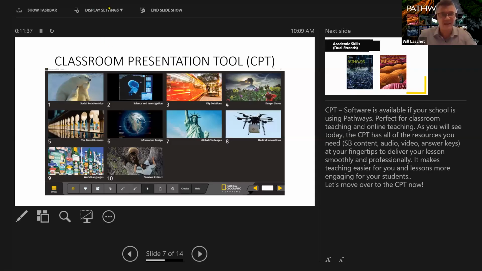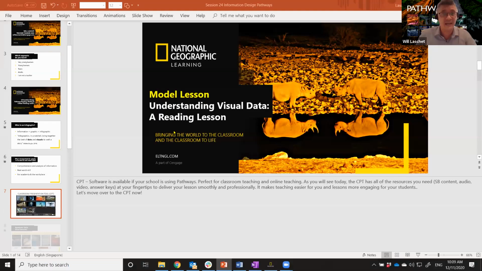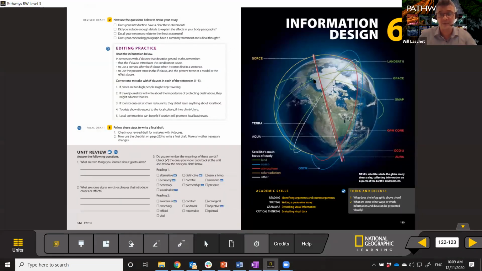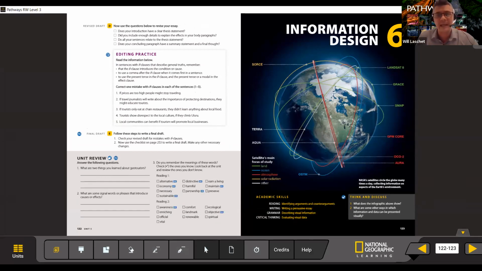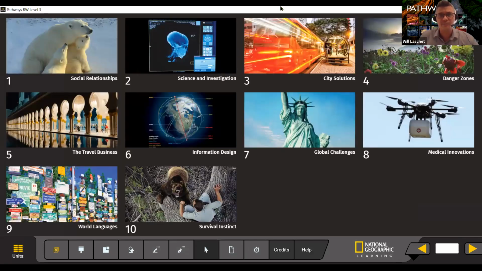the classroom presentation tool, which is how I'm going to be doing most of this information today. Okay, let's see. There we go. That's what I'm looking for. Okay, here we go. So what we're looking at now is the classroom presentation tool.